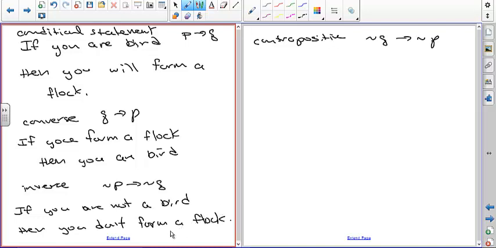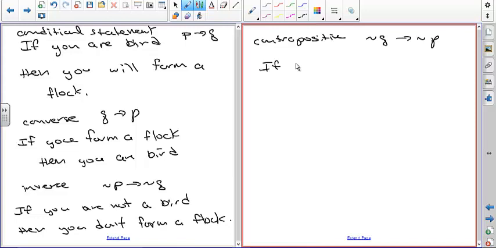Robert Faulkner, what's the contrapositive? So if you don't form a flock then you are not a bird.